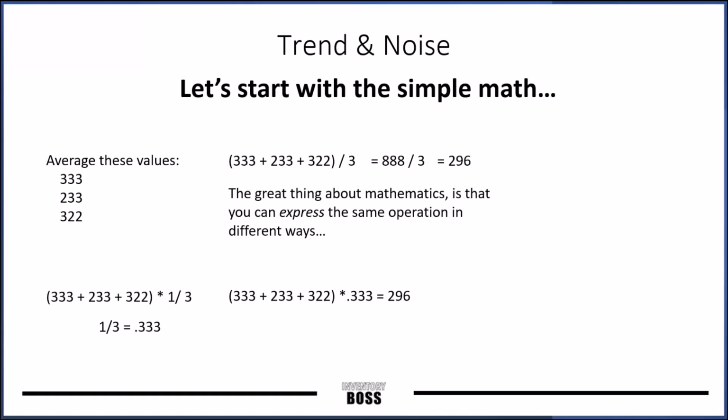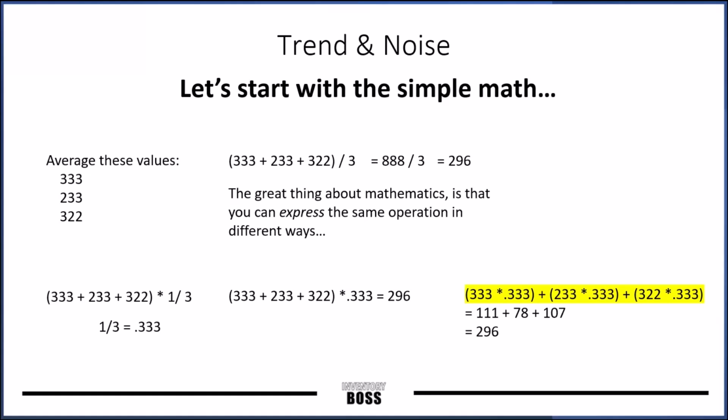So one more way to express the average of these 3 values is this: we're going to take each one and multiply it by 0.333 and then add them all together. Now with some rounding, because we have several decimals out, guess what we get? 296. So here I've shown you 3 different ways that we can do the same thing, averaging 3 different numbers and come up with the same value.